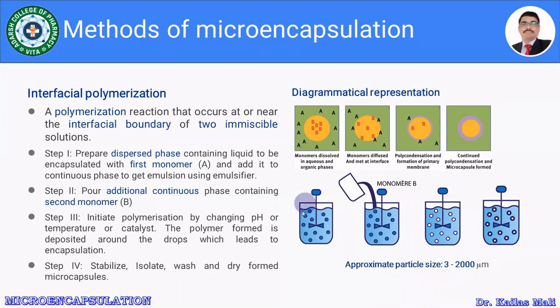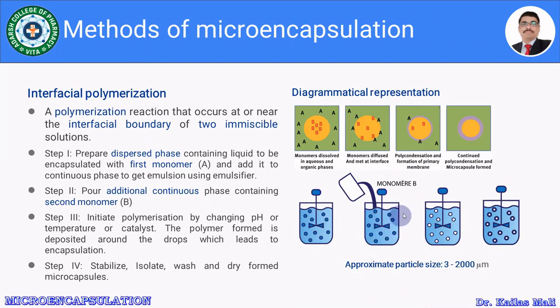In step 1, prepare the dispersed phase containing the liquid to be encapsulated and add it to the continuous phase to get the emulsion using an emulsifier. In step 2, pour in additional continuous phase which contains the second monomer.